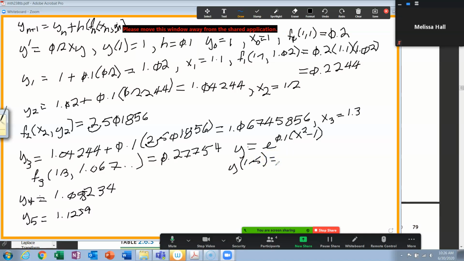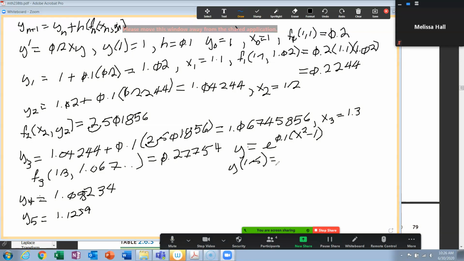So we're going to do 1.5, square it, subtract 1 from it. Okay, I got a 1.25. I'm going to take the exponential of that. Okay, that's a 3.49.